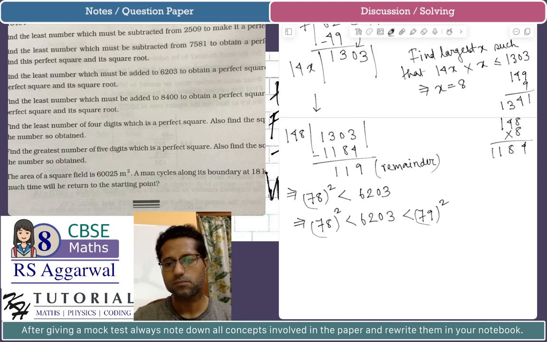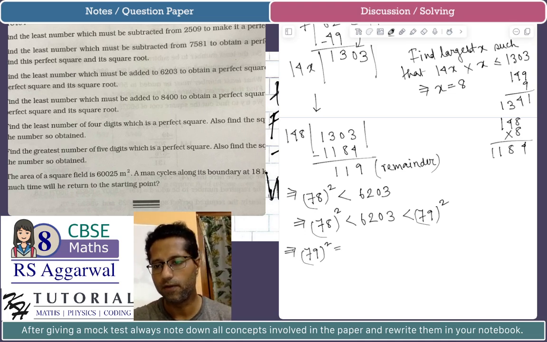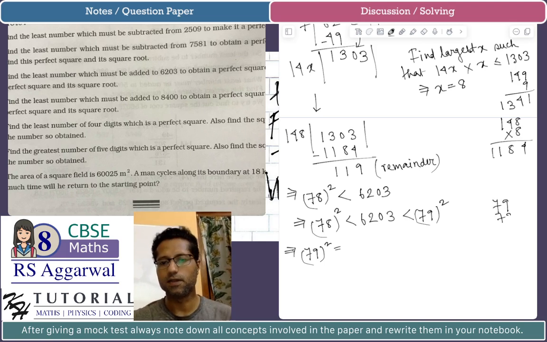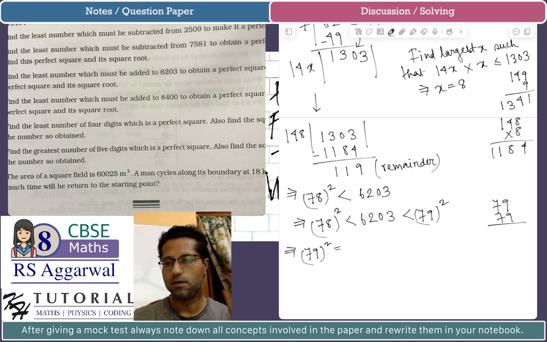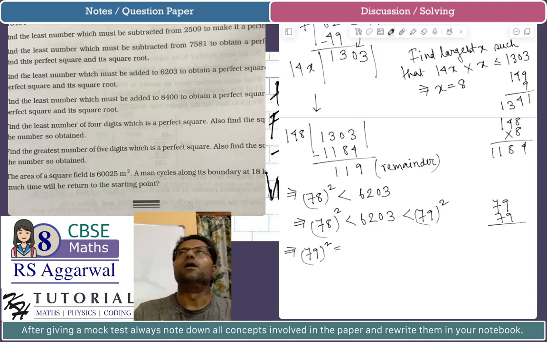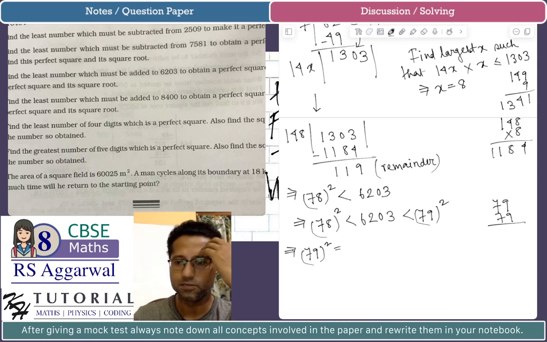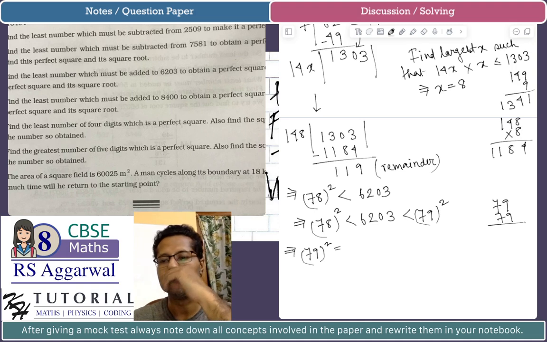So what is 79 square? You have to quickly find it. Now there were some shortcut methods for finding the square of a two-digit number.